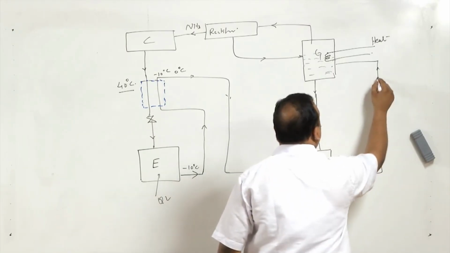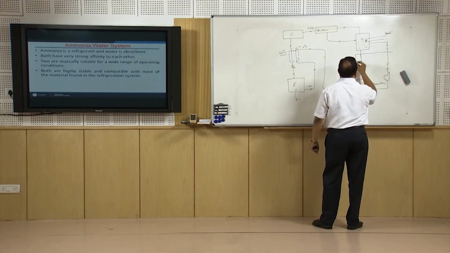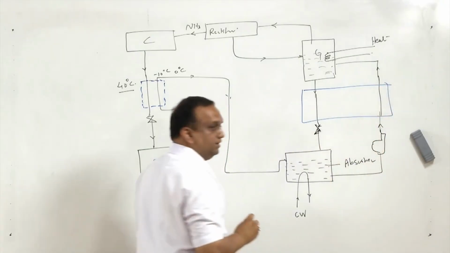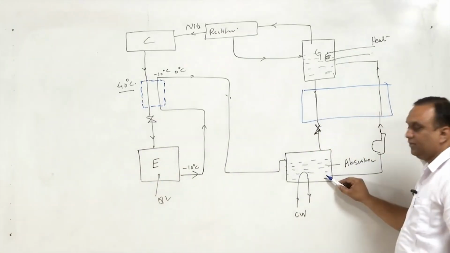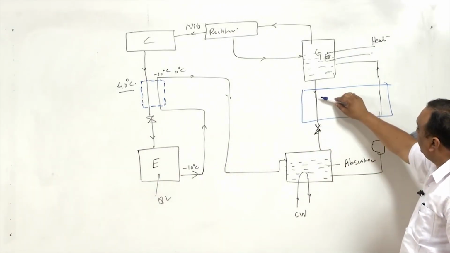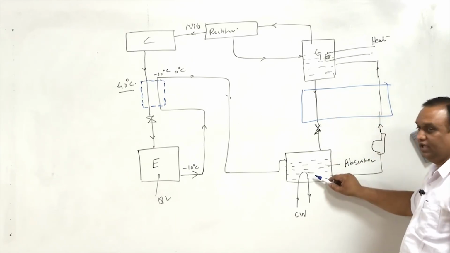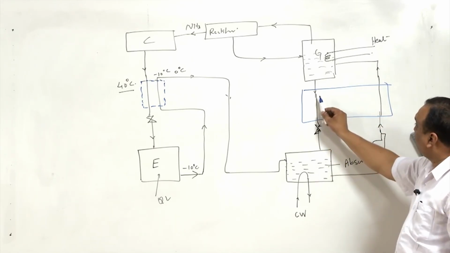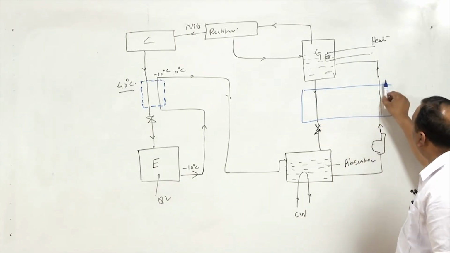A heat exchange can be arranged between these two fluids, because in the absorber in any case heat has to be removed. So, if heat is removed here, the load will reduce. This high temperature fluid's heat will be used for heating this fluid.